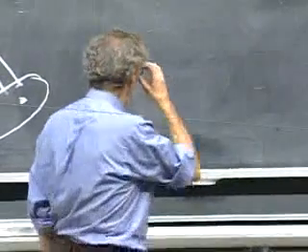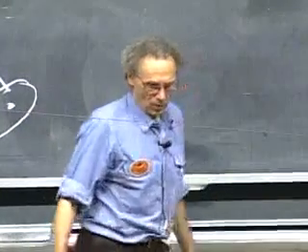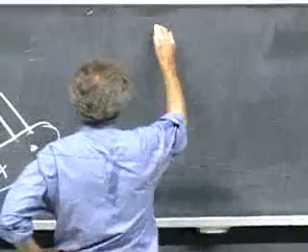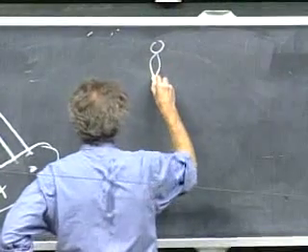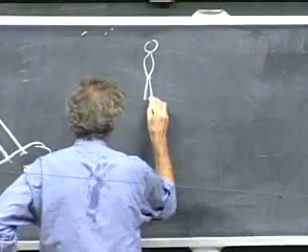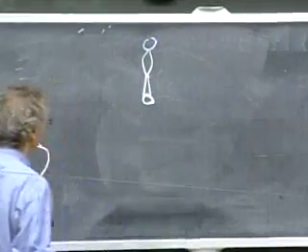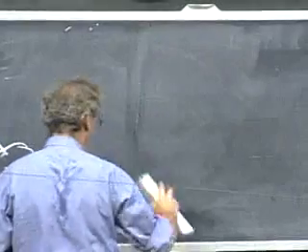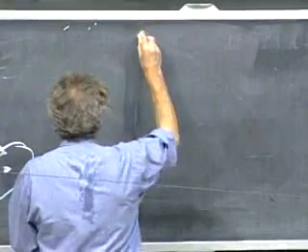Let's now turn to a rope walker. Here's the rope walker, standing on the rope. I'll make the rope walker a little smaller. You'll see shortly why. This is the rope walker.